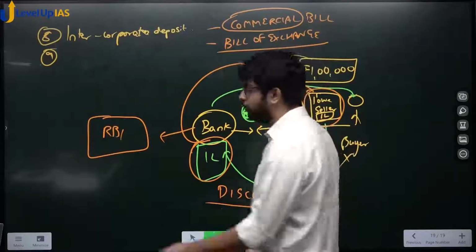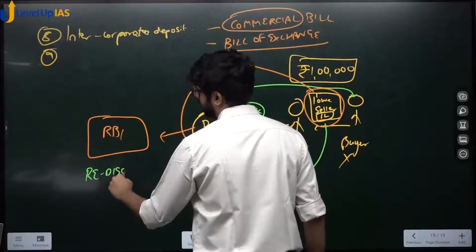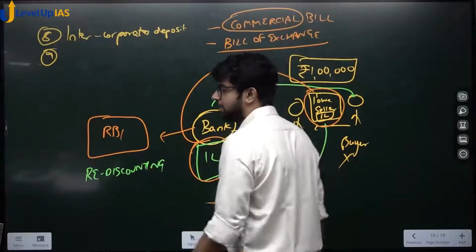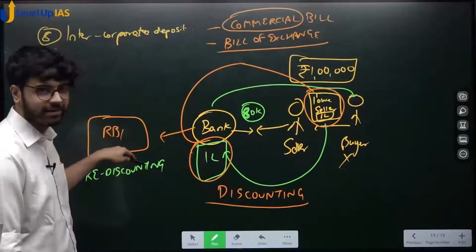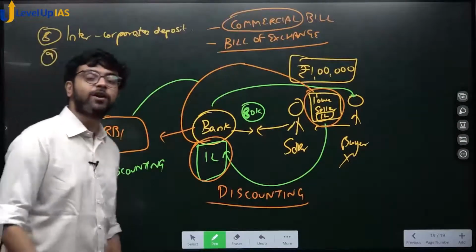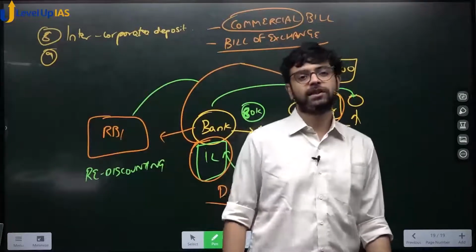Hence RBI is now doing what? Rediscounting. Ultimately, whom will the buyer pay after 6 months? RBI. So now it has been transferred and has come here. Okay? Hence, one of the crucial functions of RBI is rediscounting bills of exchange.